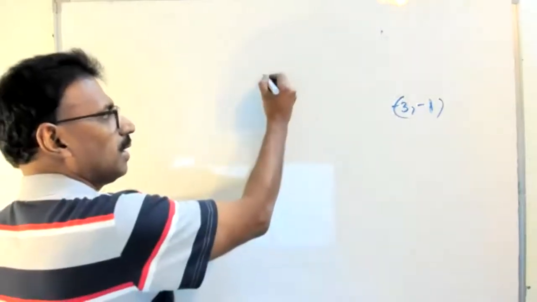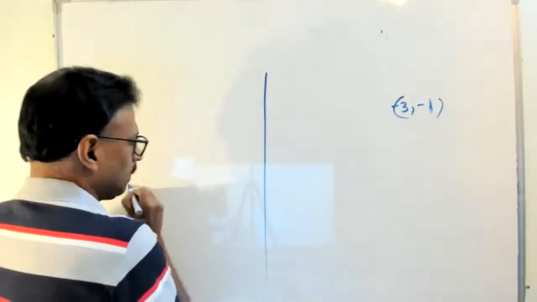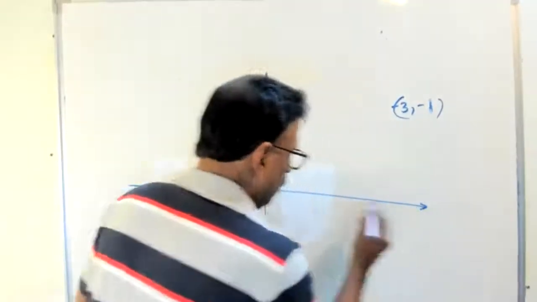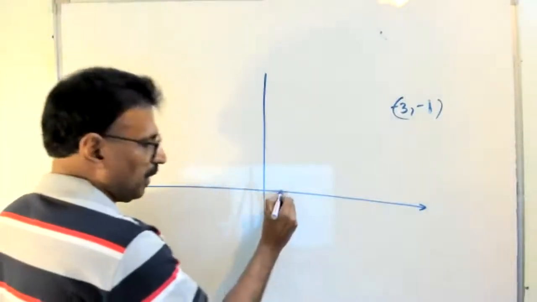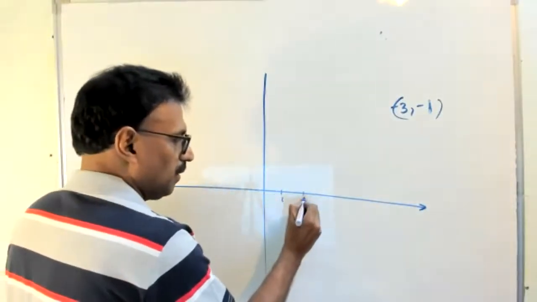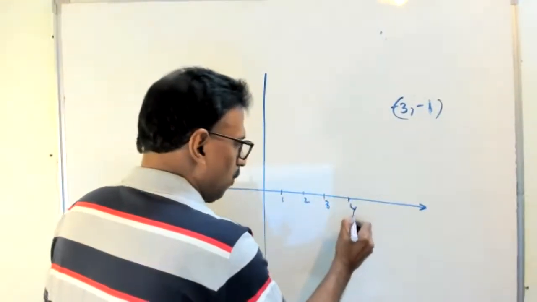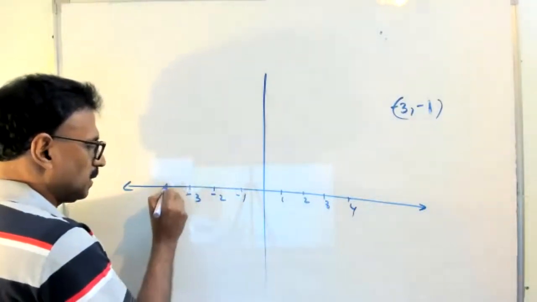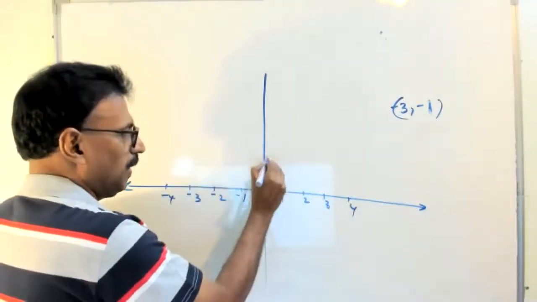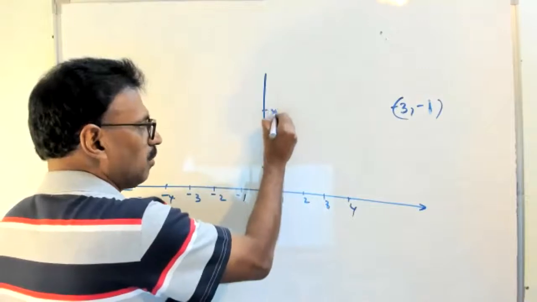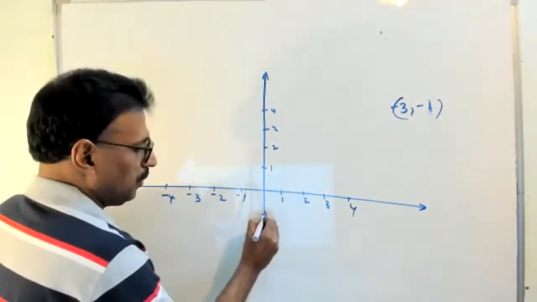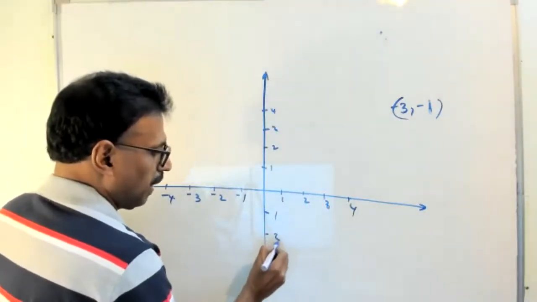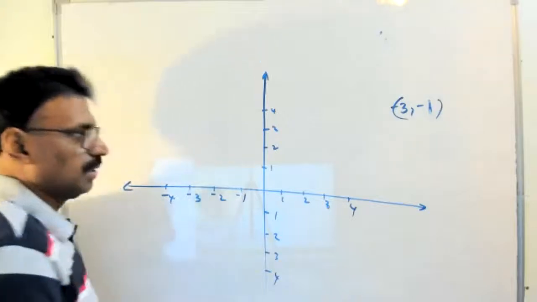Now, the point is -3. First of all, locate. I advise you to make a rough figure. 1, 2, 3, 4. -1, -2, -3, -4. You won't take that much time. Okay.